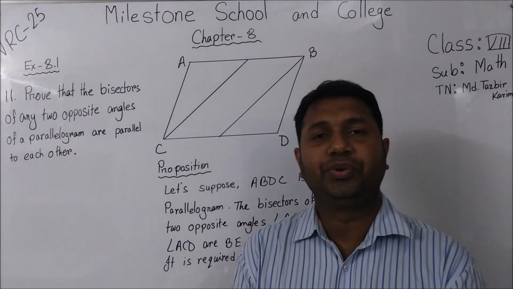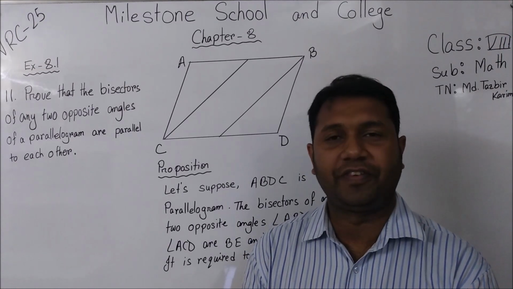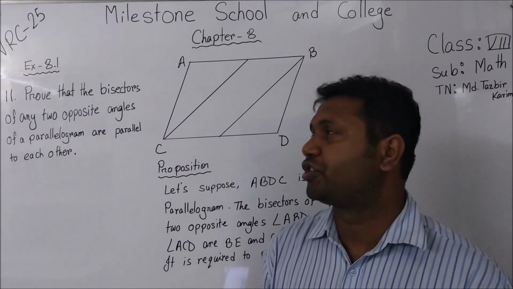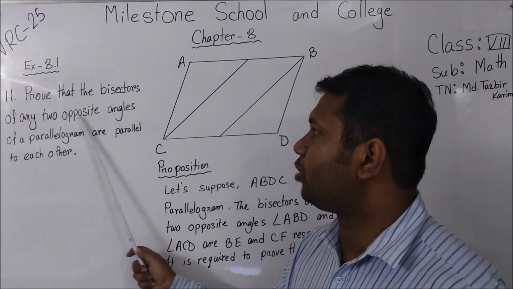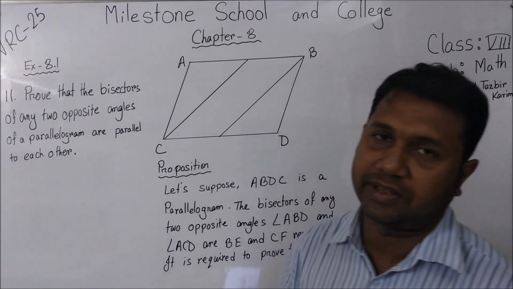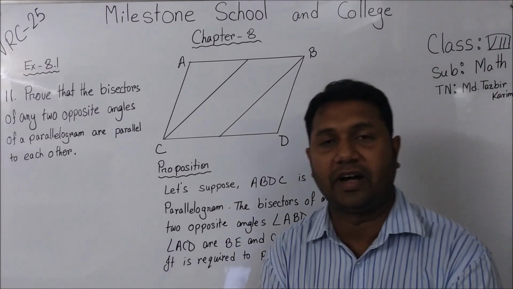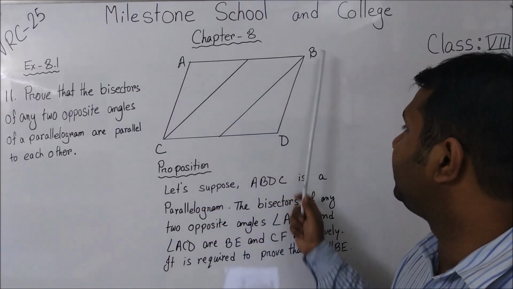My dear students, at first we are going to solve question number 11 of exercise 8.1. The question that you can see: prove that the bisectors of any two opposite angles of a parallelogram are parallel to each other. So that is what we have to prove at first. This is the figure that you can see.